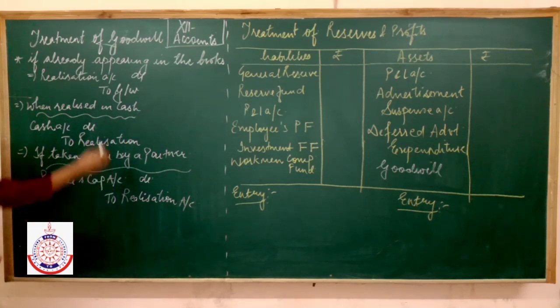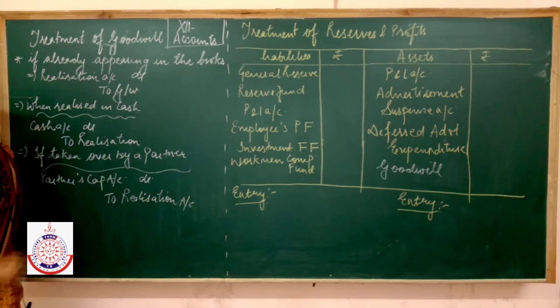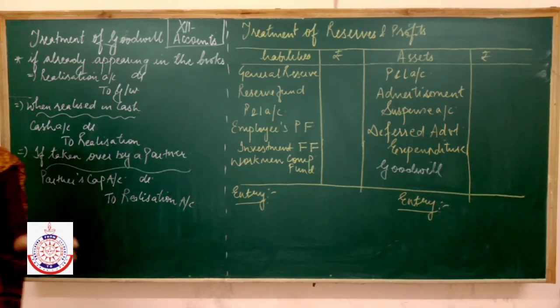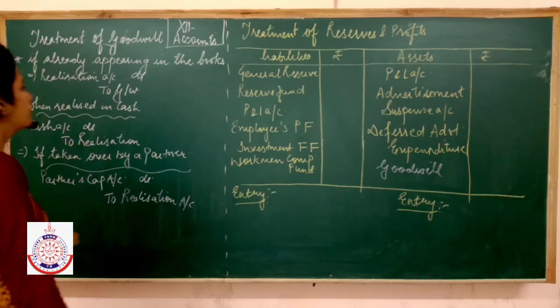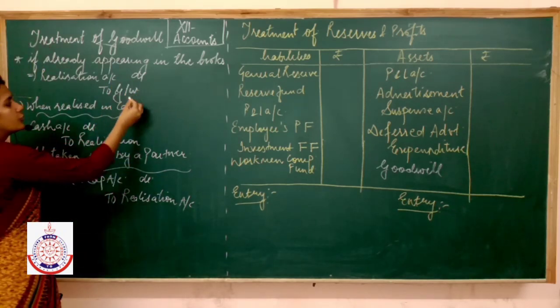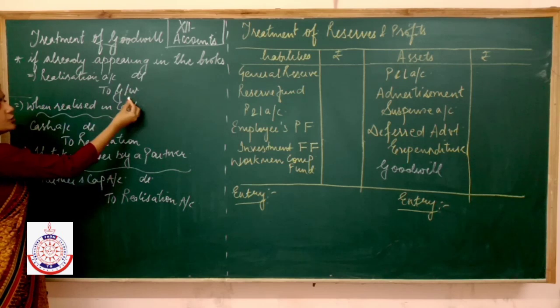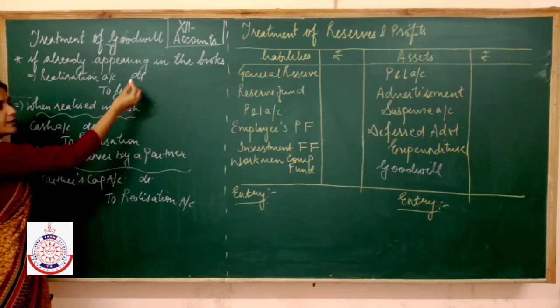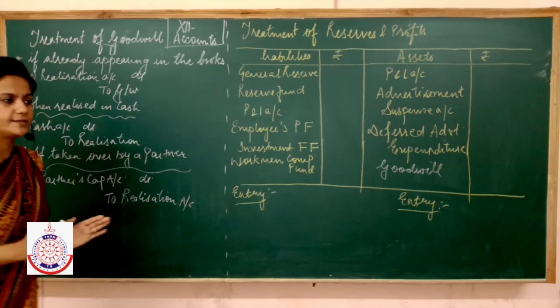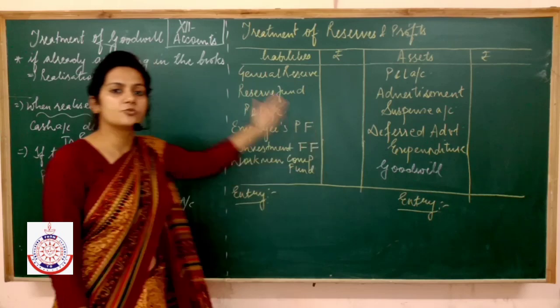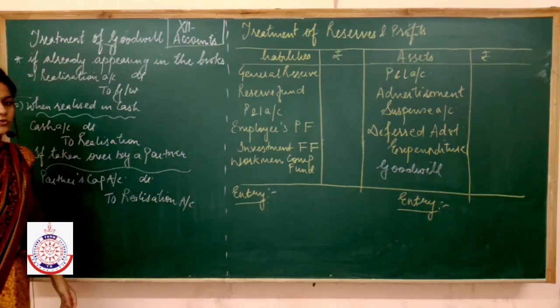You are going to transfer the goodwill to the realization account, the way you transferred other assets. Goodwill being an asset will have a debit balance. The moment you transfer the goodwill to the realization account, you have to credit it, making its book value 0. This is the only accounting treatment. Just like other assets, you have to transfer goodwill into the realization account.